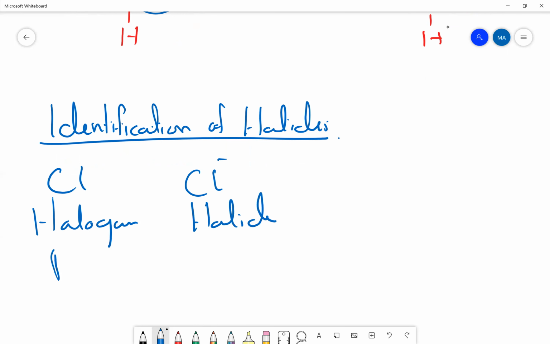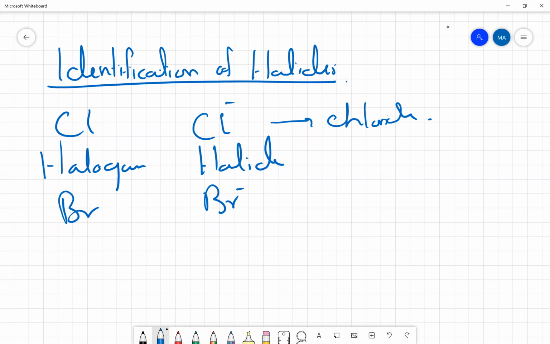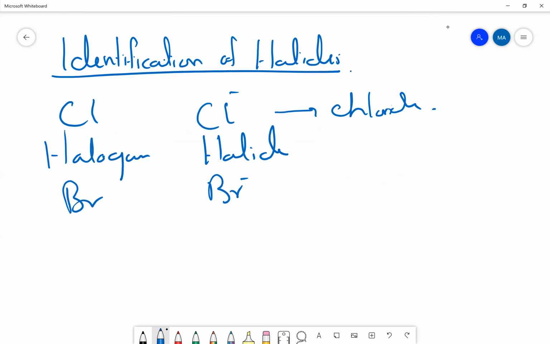Similarly, bromine is a halogen. Br negative one is a halide. The halide of chlorine is known as a chloride. We already know this. Bromine gives a bromide. Iodine gives an iodide. So our halides are all the negative ions.